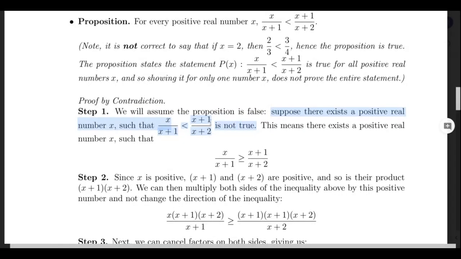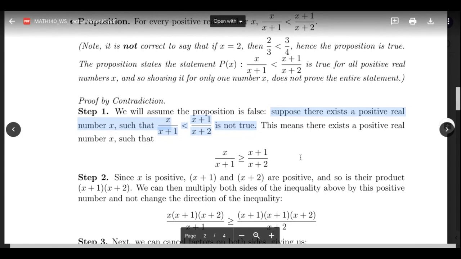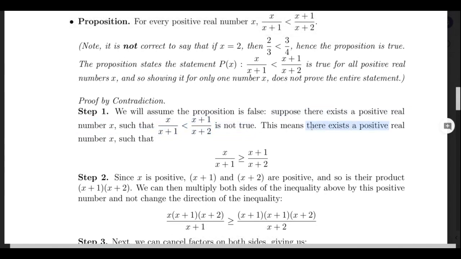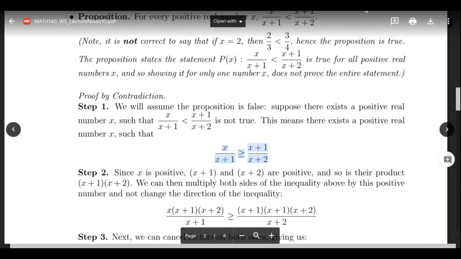This means there exists a positive real number such that the inequality is opposite: x divided by x plus 1 is greater than or equal to x plus 1 divided by x plus 2. What's the opposite of less than? It's greater than or equal to, right?